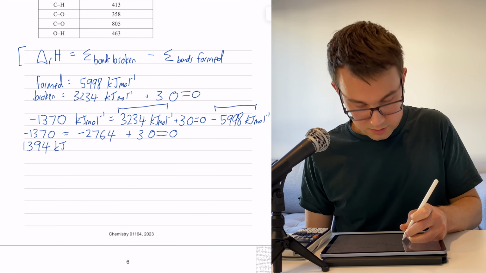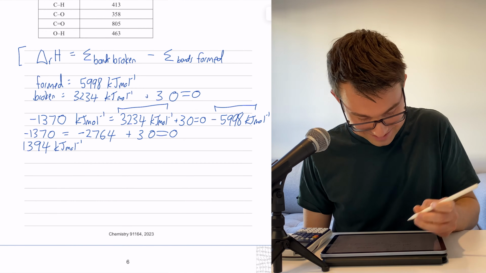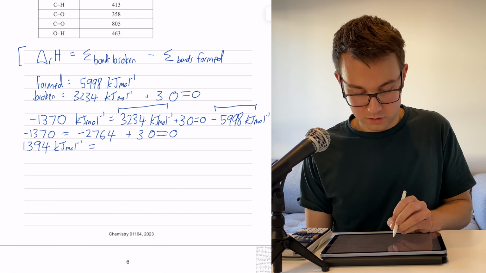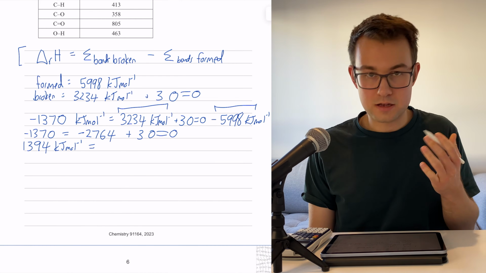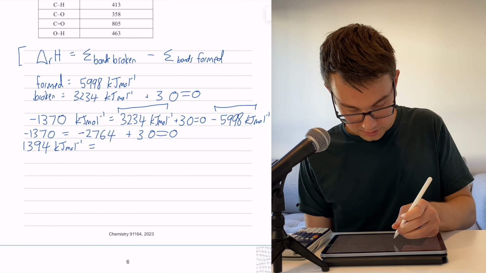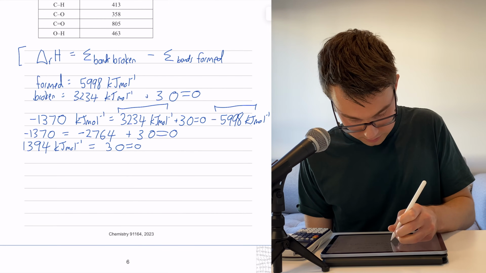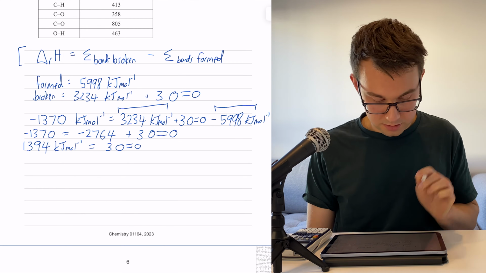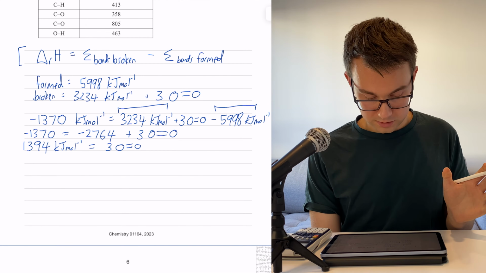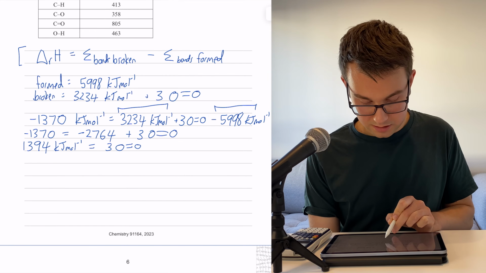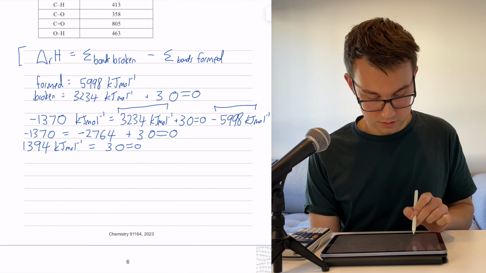Put units back in, don't worry, they're back. That is equal to, and if we plus 2764 onto the right side of the equation, it's going to be 0, so we can just get rid of this. And we have 3 O double bond O's. This is really coming together. So now we've got down to 3 O double bond O is equal to that.